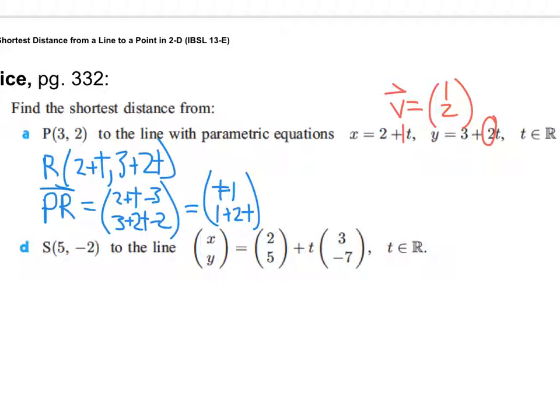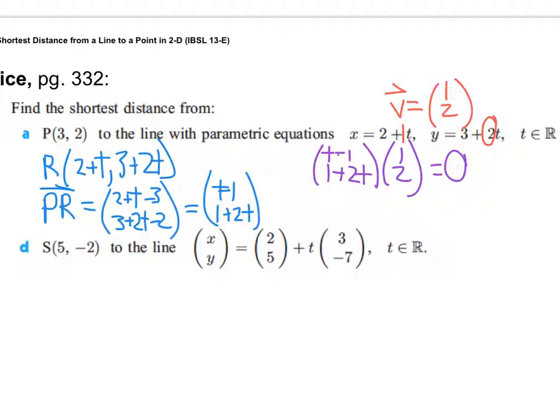Remember, the components of the velocity vector are the coefficients of t. So now I'm going to dot these two together. I've got t minus 1, 1 plus 2t, dotted with 1, 2, and that needs to equal 0.